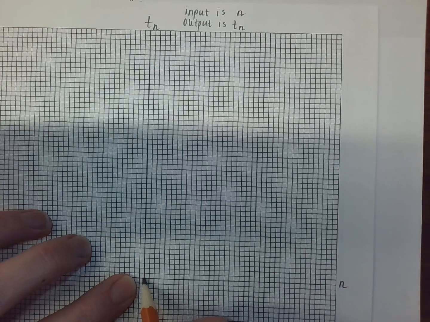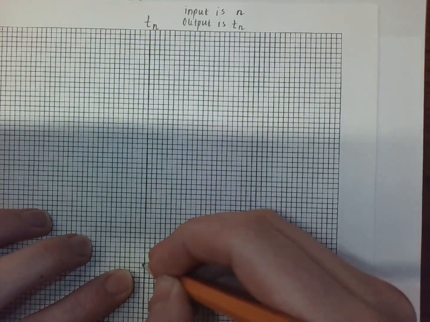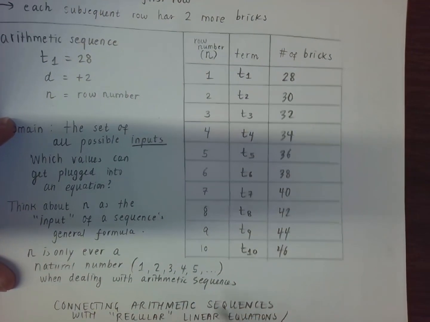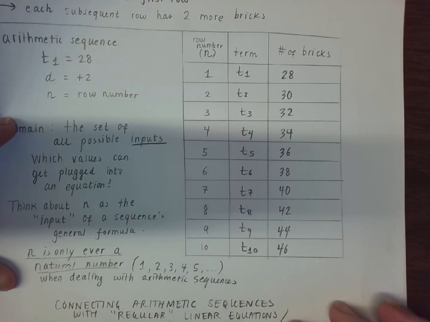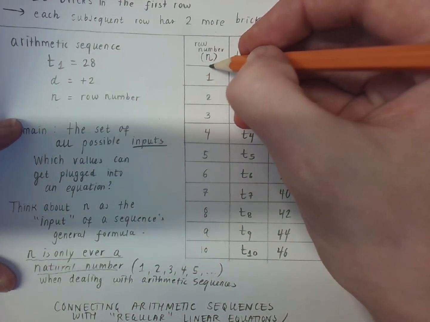So I can pretty much graph this. I'm not going to put a dot where n equals 0 because there's no such thing. When I'm thinking about arithmetic sequences, n is only ever a natural number. 0 is not an input when we're dealing with arithmetic sequences because we start with T1.